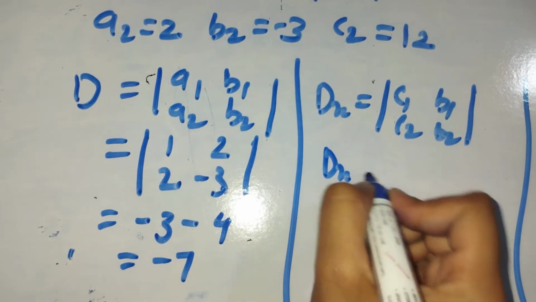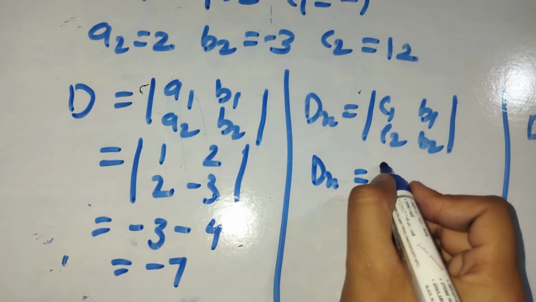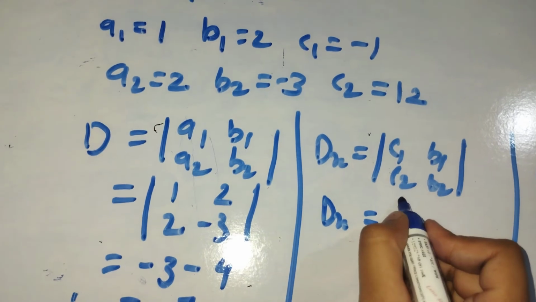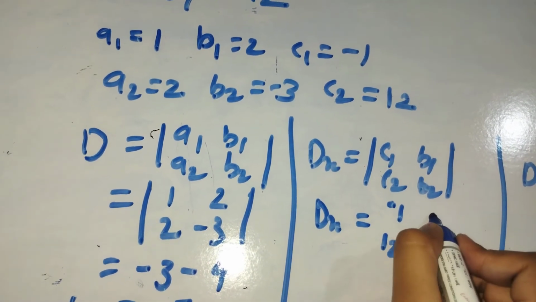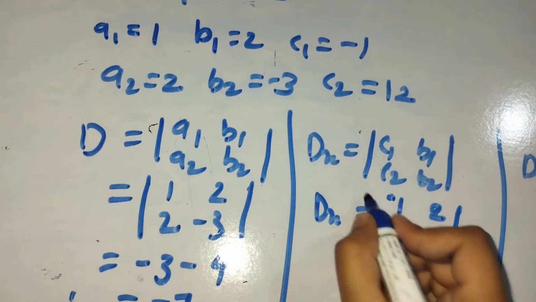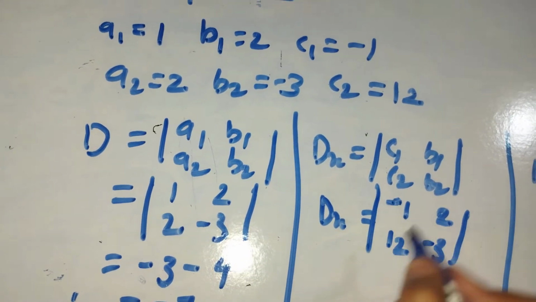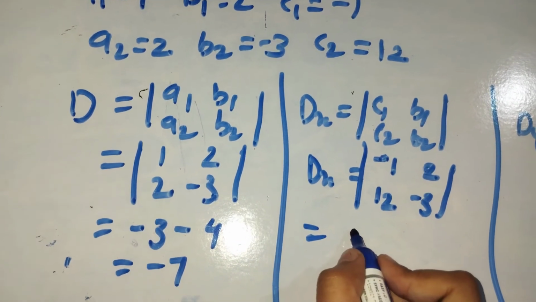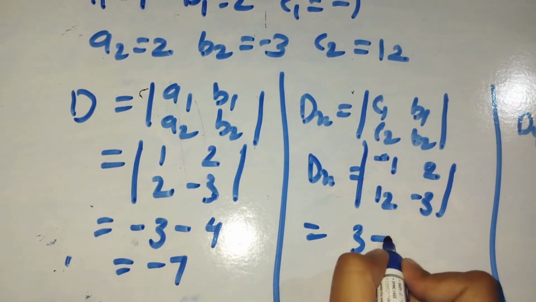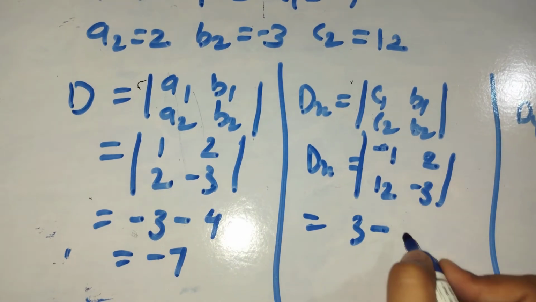dx is basically C1, which is minus 1, 12, and B1, this is your value. Okay, so minus will get plus 3, and minus is your formula sign. 12 2s are 24.